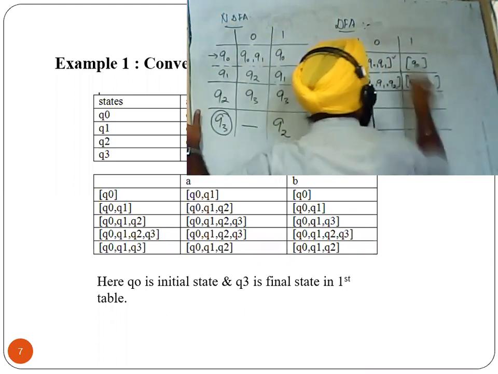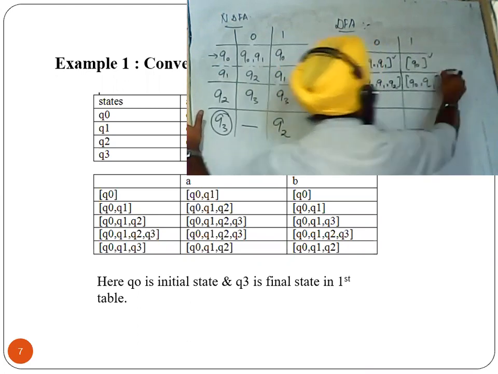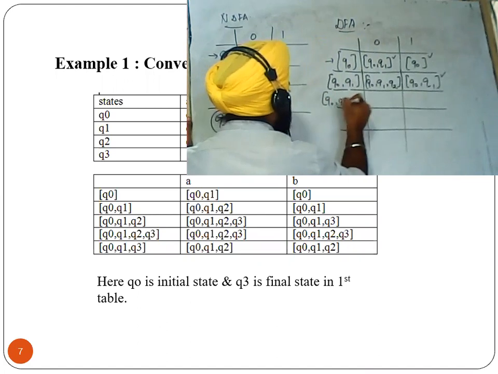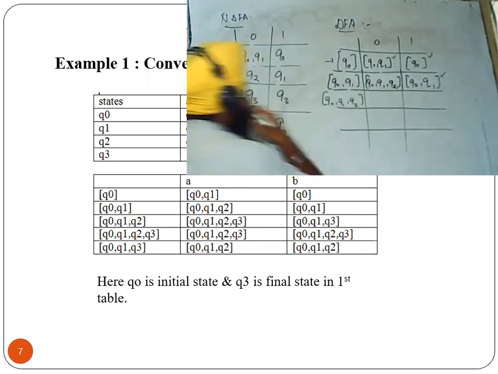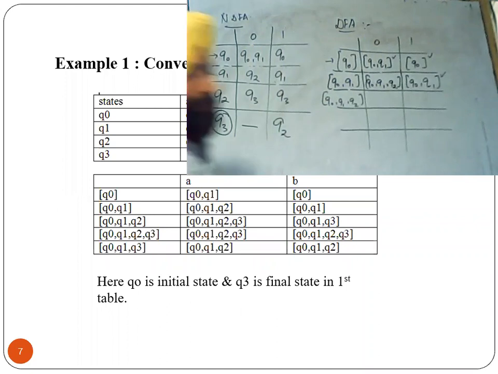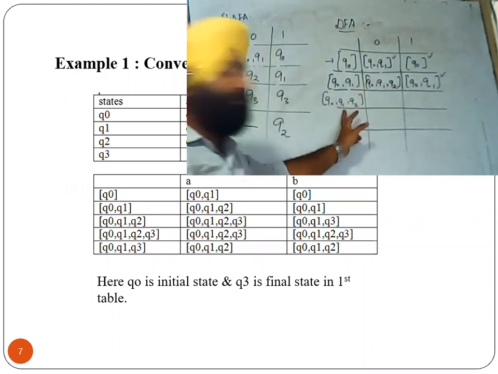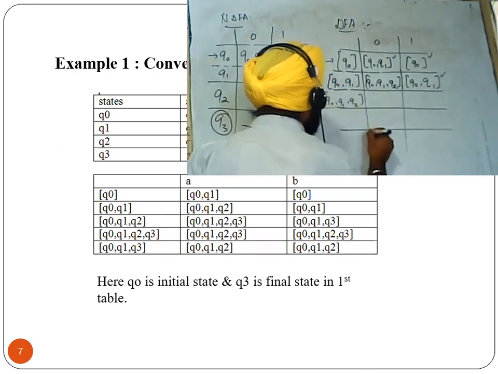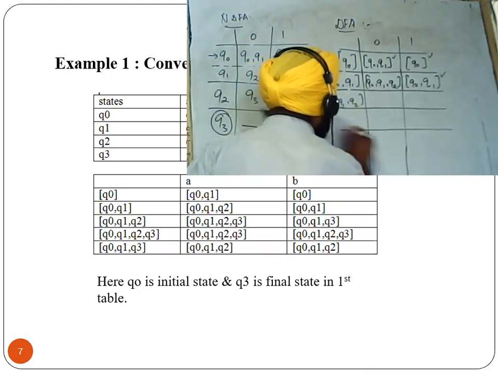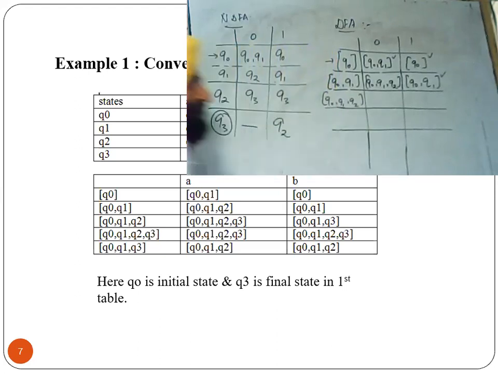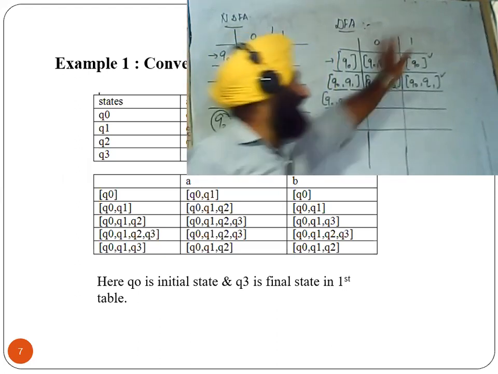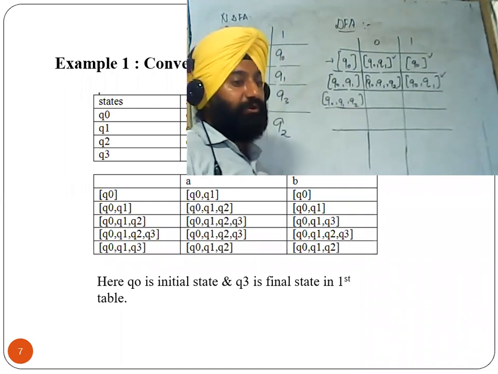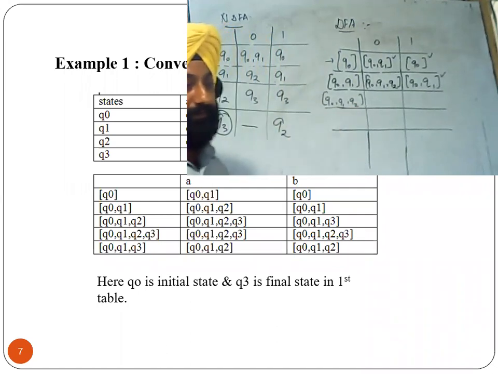So I have written this, this, and this, but one state is not written. Take this state to the left hand side, right? And you have to draw this table until all the right hand states have been listed in the first column a single time, right?